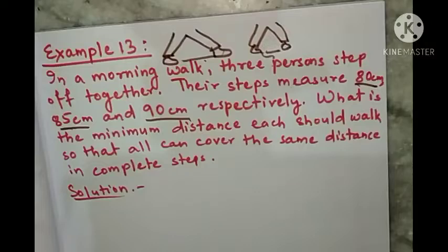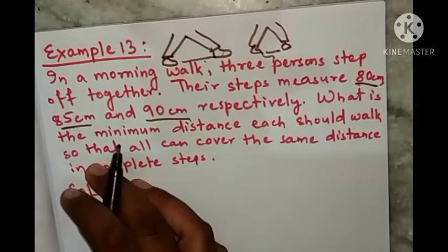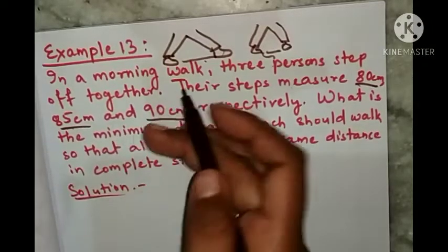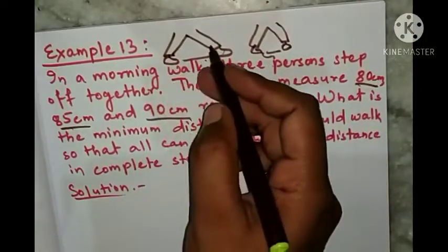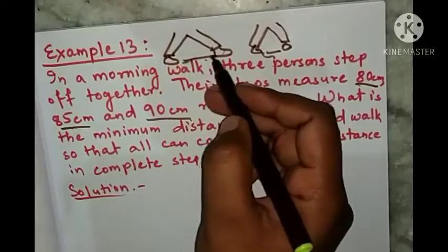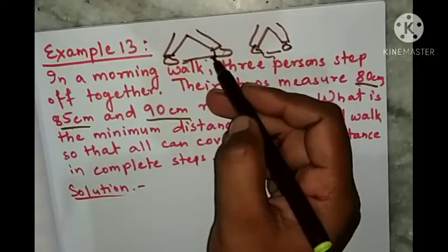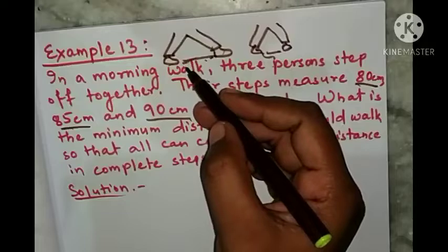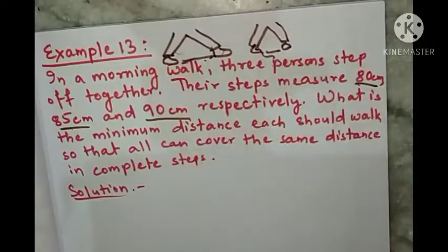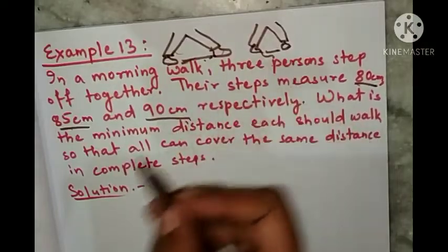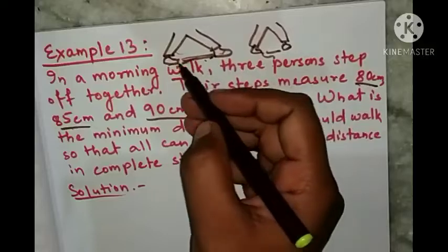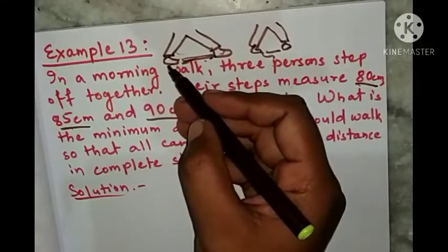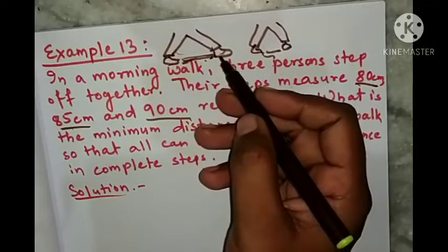If a person is taller, then the distance between two legs is more. That's why when they are walking, the step measurement will be more. Okay, so this is the step. Step means the distance between two legs while walking.